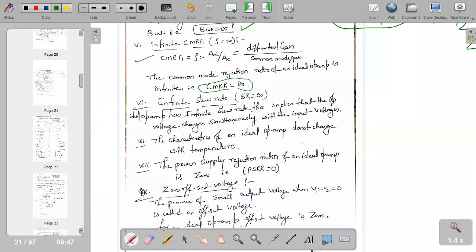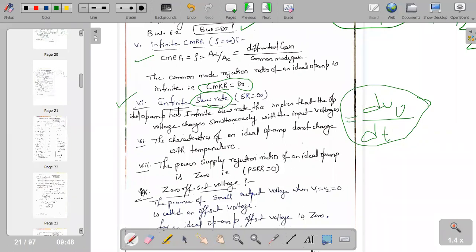Again, we want an infinite slew rate. This is a frequency sensitive property of an op-amp. Slew rate indicates how the op-amp output voltage changes, dV naught by dt, when there is a sudden change in the input voltage.